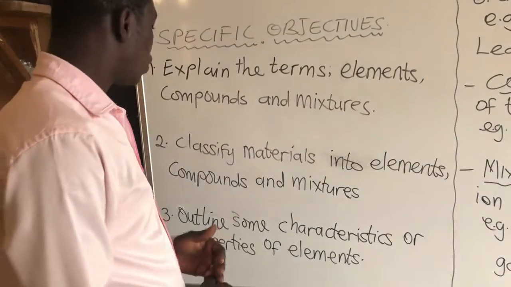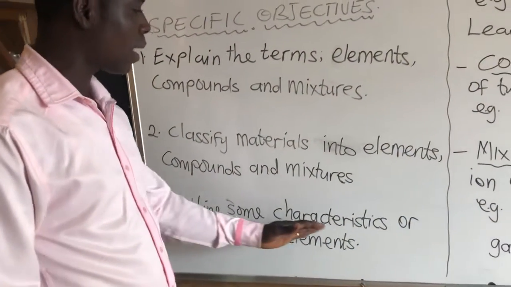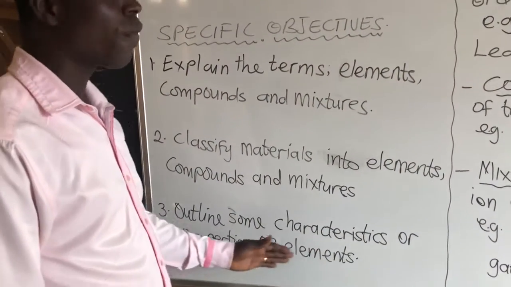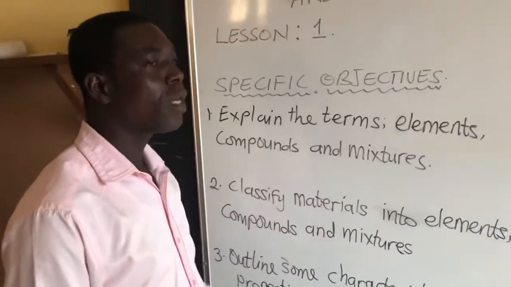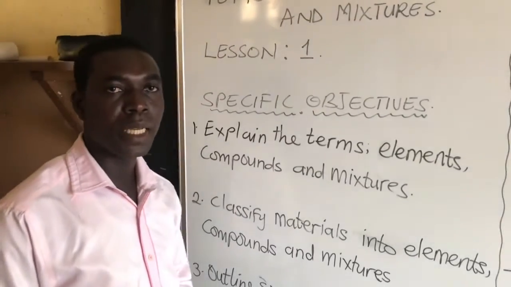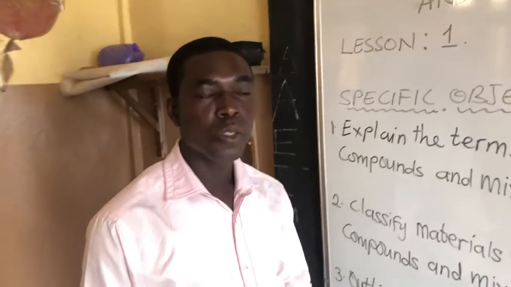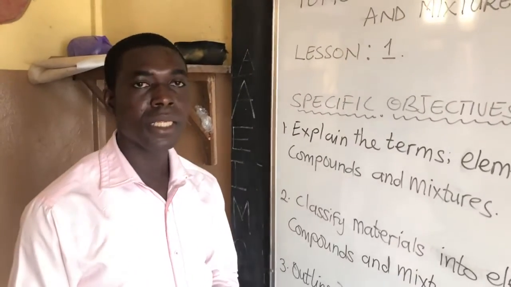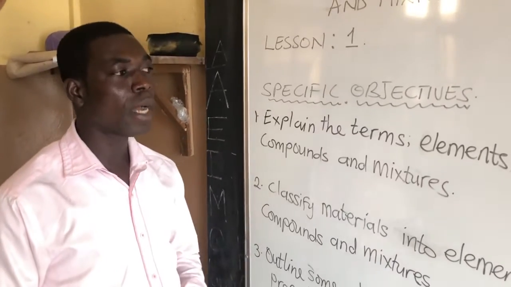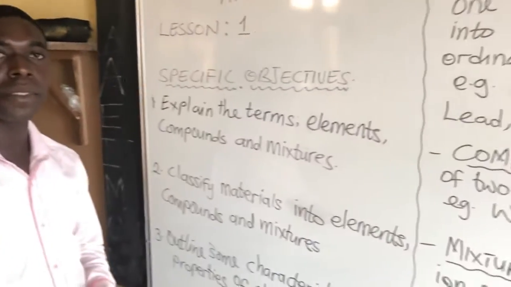Last but not least, you should be able to outline some characteristics or properties of elements. So this is what we are going to talk about today, and I'll continue to urge you to stay focused so that at the end of the lesson you should be able to achieve all these objectives.